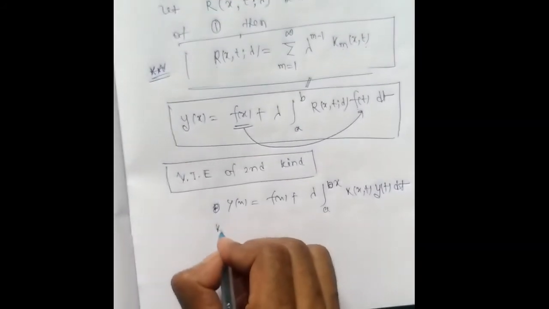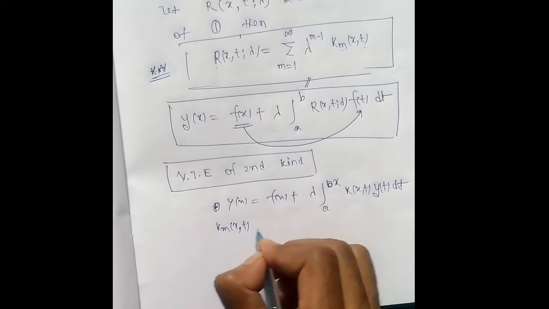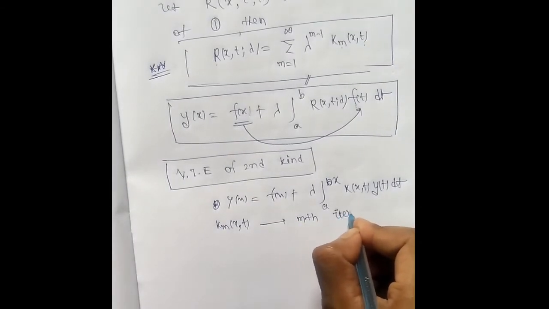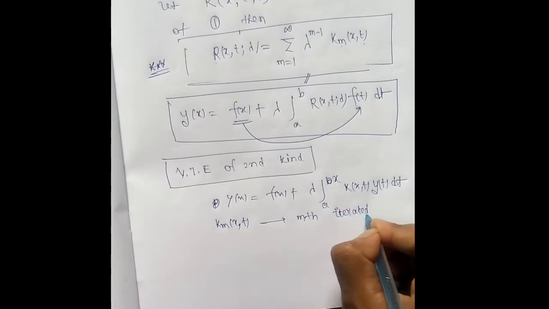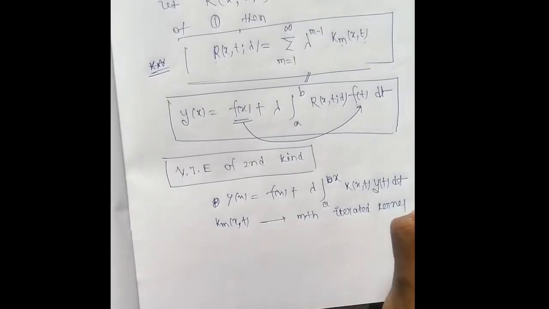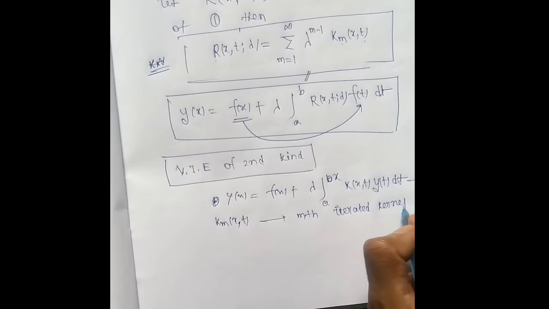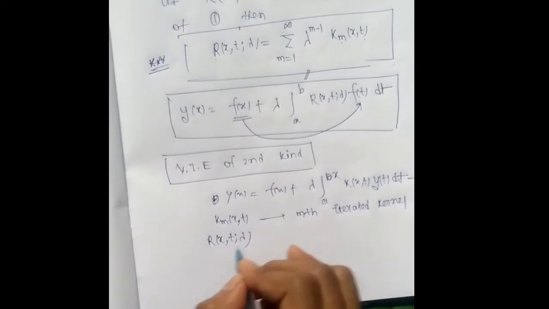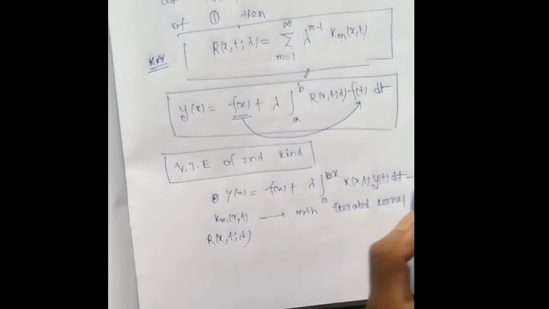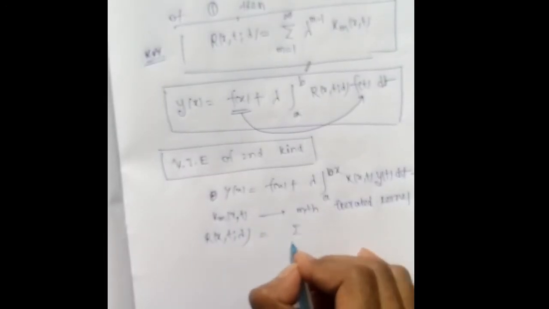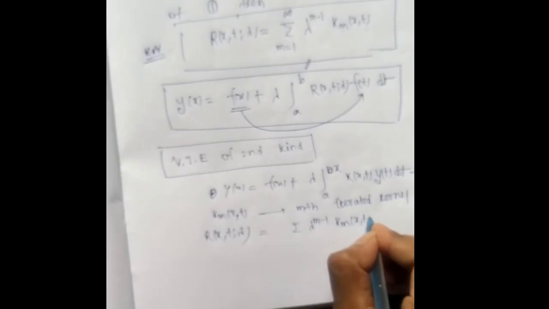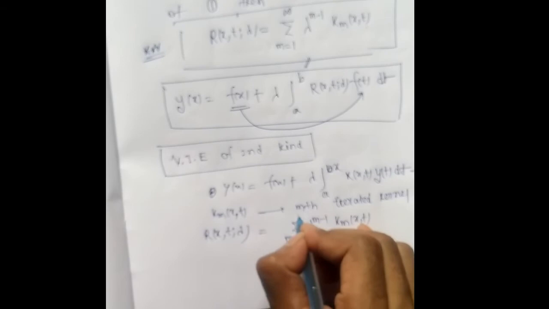Okay, similarly if K_m(x,t) be the mth iterated kernels of this 2, if R(x,t;lambda) be the resolvent kernel of 2, then this can be written similarly as above, lambda to the power m minus 1 K_m(x,t), m equal to 1 to infinity.